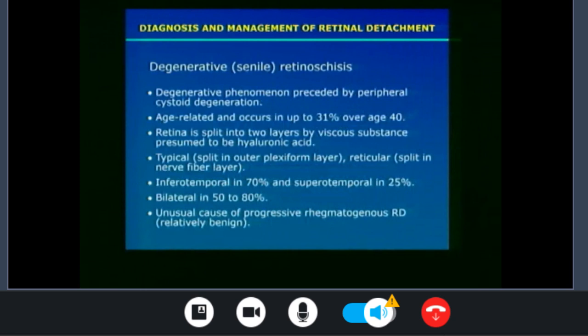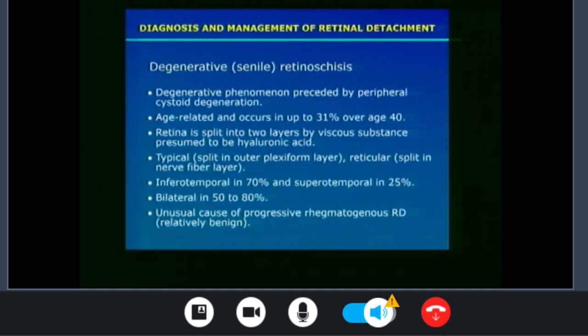The other degeneration that can be associated with detachment is degenerative or senile retinoschisis. It is a degenerative phenomenon. It is age-related. It can be seen in 31% of the population over the age of 40. The retina is split into two layers by a viscous substance full of hyaluronic acid, very viscous.